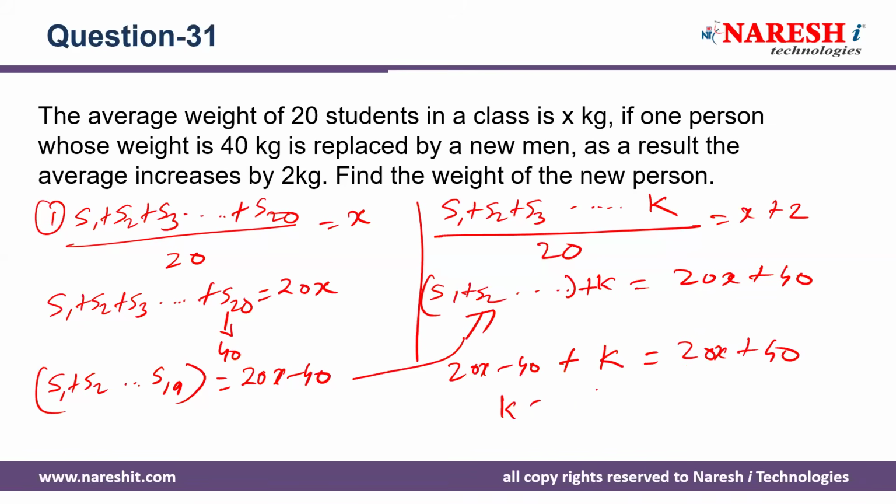K equals 20x plus 40 minus 20x plus 40, the 20x cancels, K equals 80. So this is the weight of the new person, but it seems to be a very lengthy process.